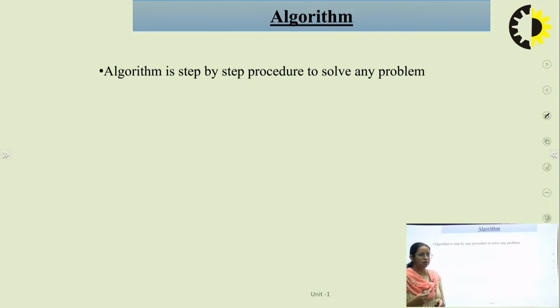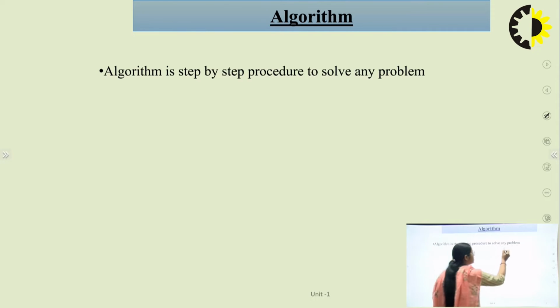These are the steps we follow, and in the same way we follow steps in our programming language. This is the meaning of the algorithm: a step-by-step procedure to solve any problem.